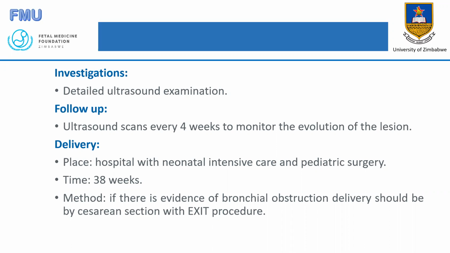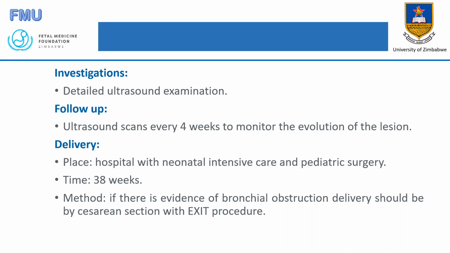So if there is evidence of bronchial obstruction, delivery should be by cesarean section with an EXIT procedure. An EXIT procedure, that means the procedure should be done as soon as the baby comes out, right at the operation table. Somebody should come there and help the airway.